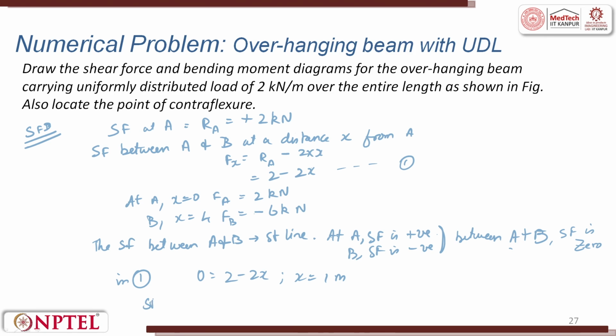So, SF is 0 at a point D, hence the distance of D from A is equal to 1 meter.